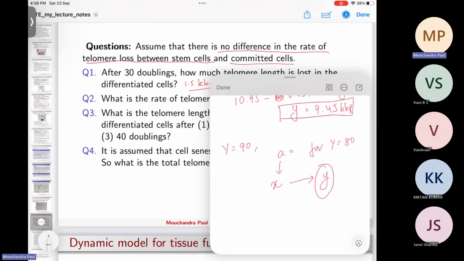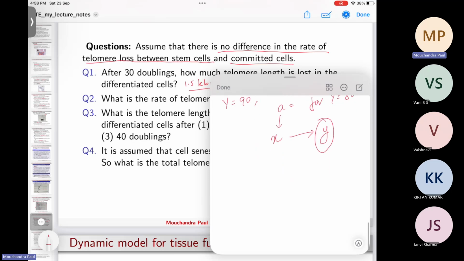I can do it for you. So for year 80, what will be the value of A? A was coming out to be 75 base pair. No, it is 10.